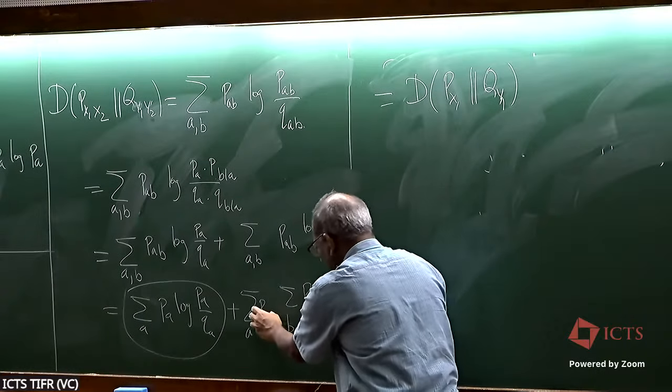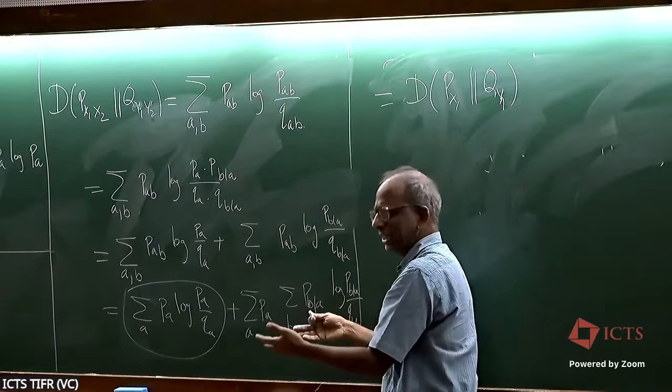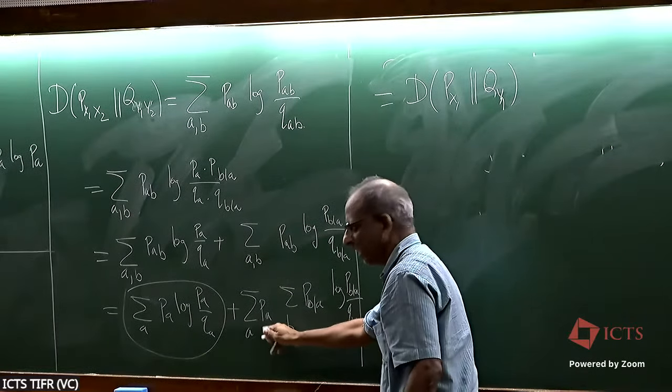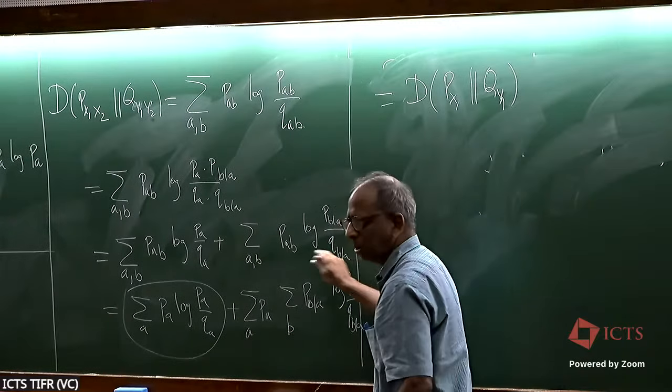When you multiply P(A) with some quantity which depends on A, it looks like an expectation over the choices of A. And what is this?